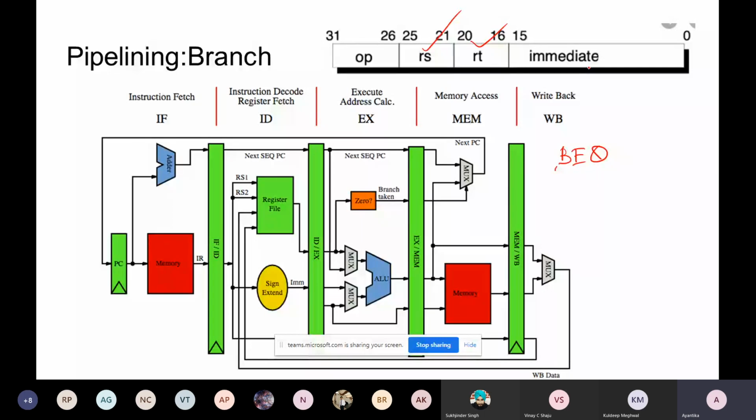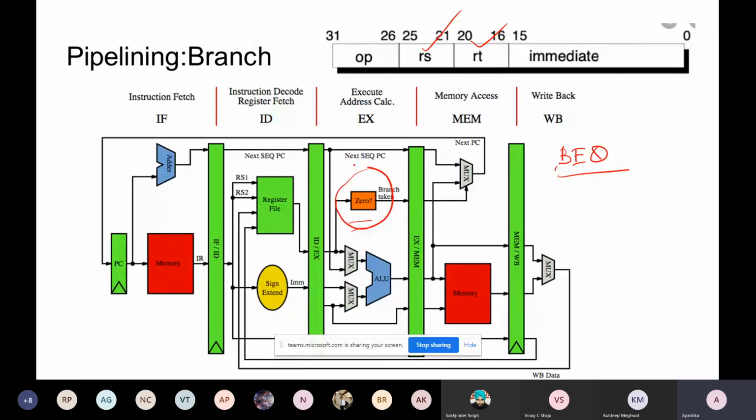So for that case, what will be the flow? In that case, you are fetching that instruction. You are coming here and you are checking whether this value is 0 or not. This component is for branch if 0.